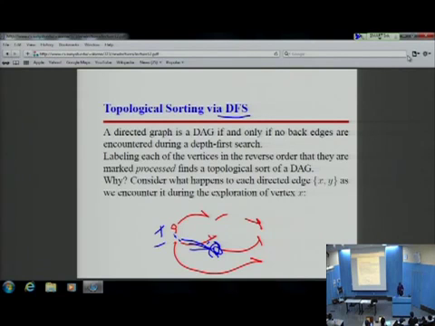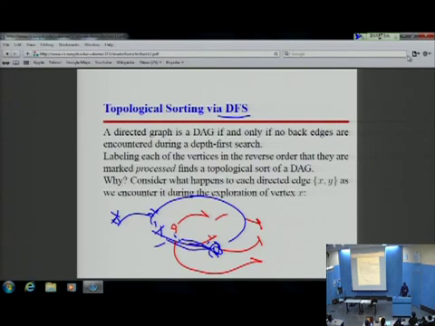Now, what does that mean? That means that if in the course of a search I have an edge from here to here, this vertex has to be to the left of that vertex because there is an edge there, right? And everything that is discovered from this vertex has to be to the right of this vertex, okay?